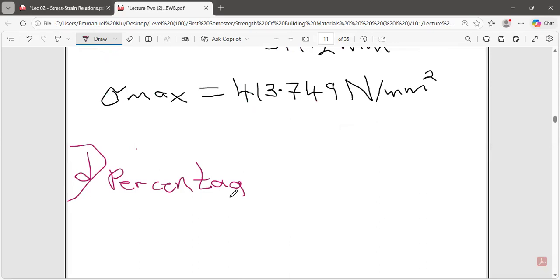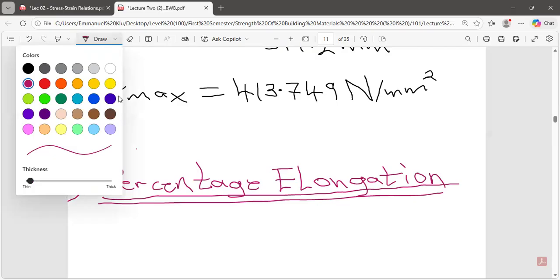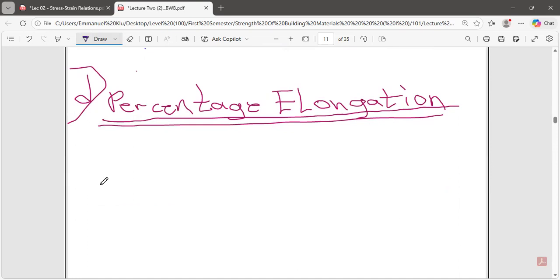And what did we say is the formula for a percentage elongation? So the percentage elongation is equal to the total extension over gauge length expressed as a percentage. Okay, that is our percentage elongation.